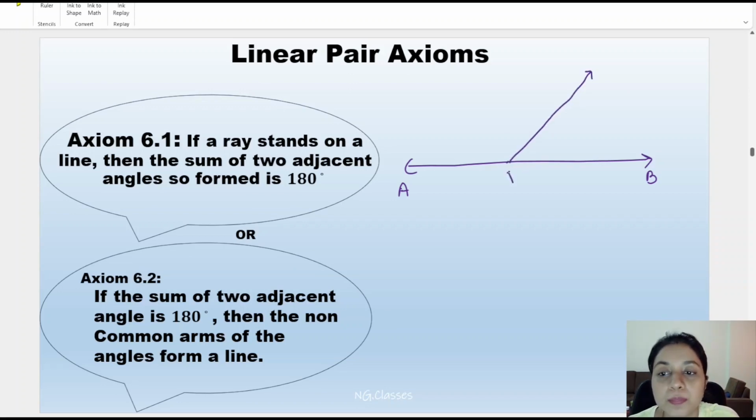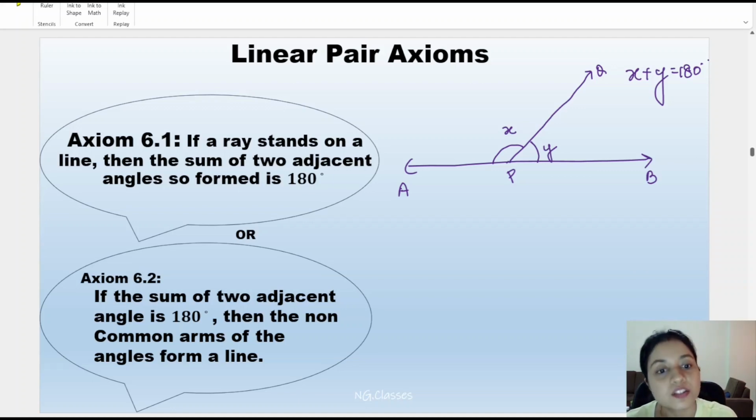So if there is a ray PQ, then the sum of two adjacent angles so formed, here we can see two adjacent angles, let's say this is angle X and this is angle Y, will be 180 degrees. So the addition of X and Y has to be 180 degrees. When a ray is standing on a straight line, then only the sum of adjacent angles will be 180 degrees. This is one of the axioms.